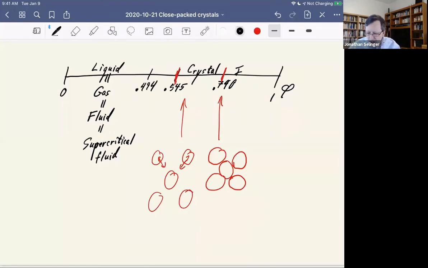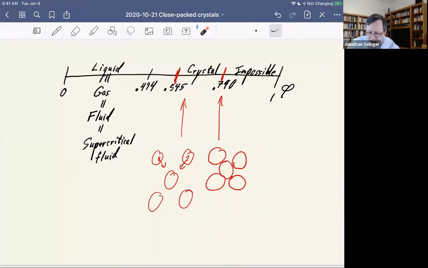For the density beyond 0.740, this is just impossible. It's impossible because I already told you that 0.740 is the maximum you can get for packing fraction in 3 dimensions.